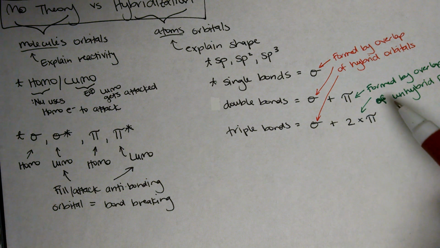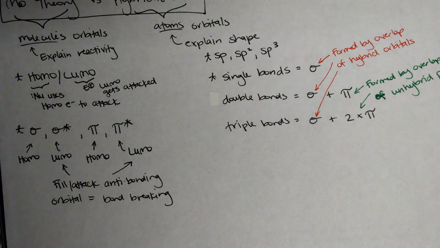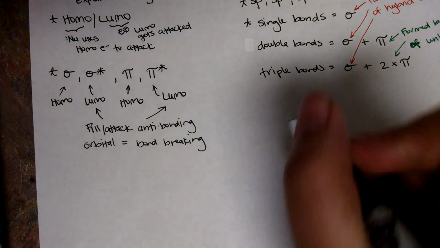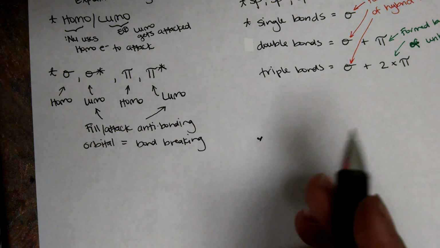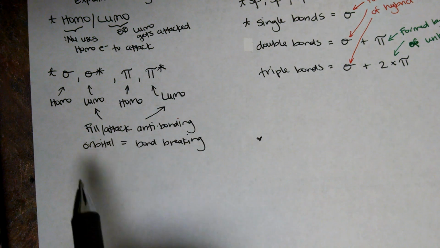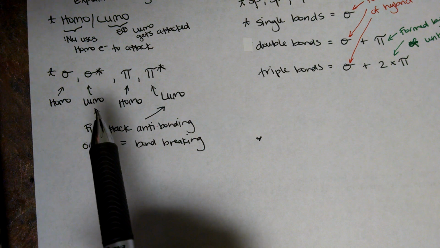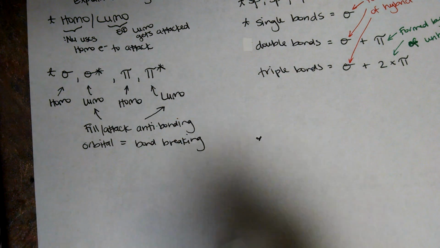The pi bonds are made from the overlap of the unhybridized p orbitals. Really quick, I'm going to focus mostly on the hybridization, because as long as you understand that a HOMO attacks a LUMO, and understand the shapes of those molecular orbitals, you're good.